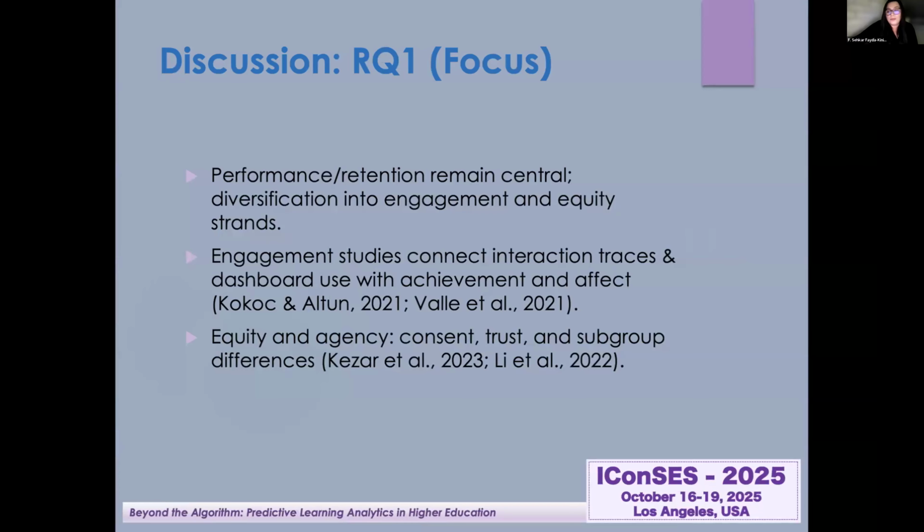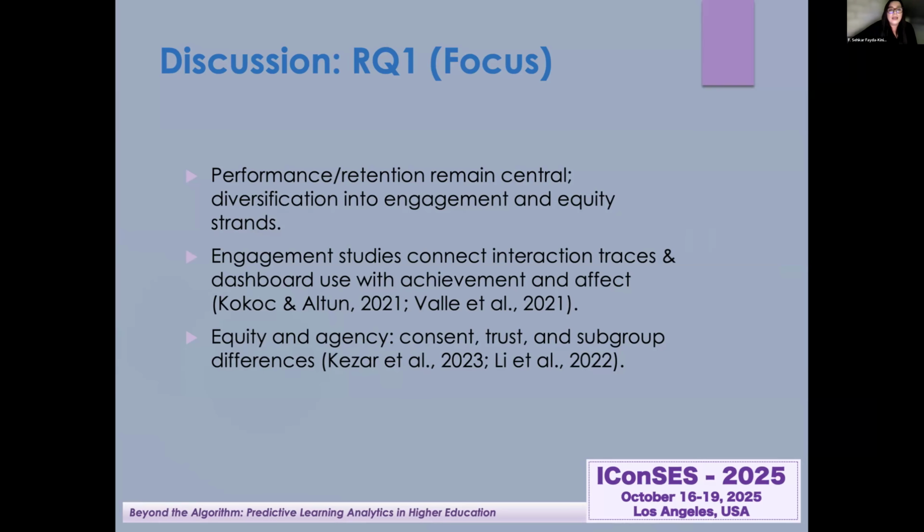So, to conclude, what we have in the end. Performance and retention as a research focus remained central among these studies. Engagement and equity also have some diverse perspectives.